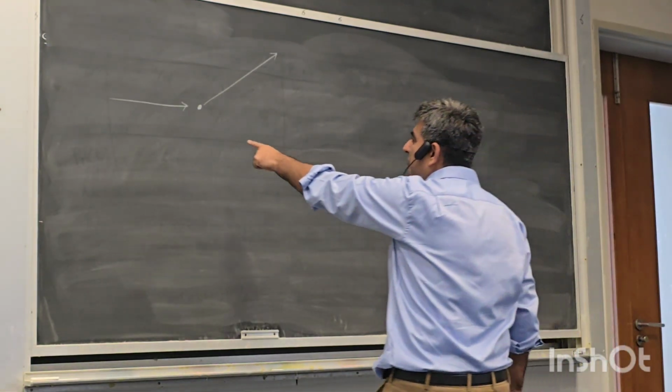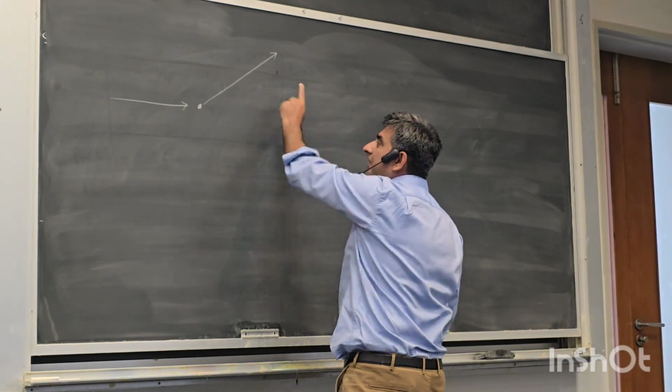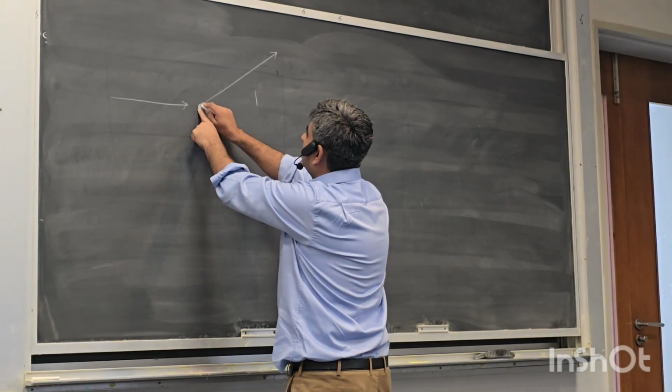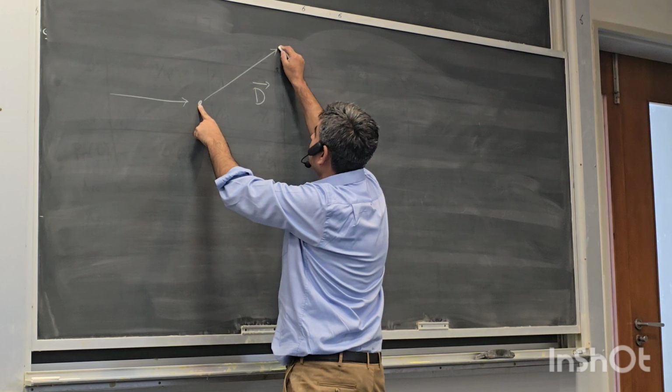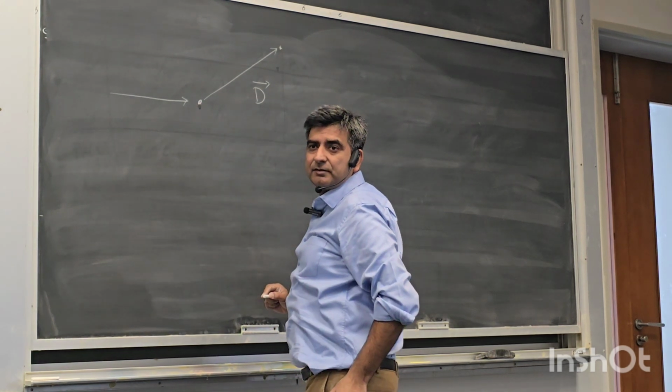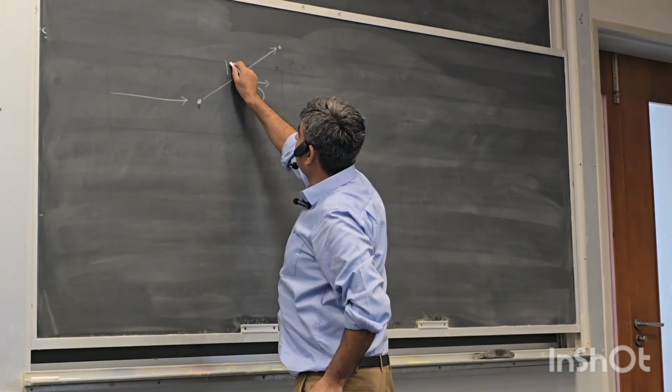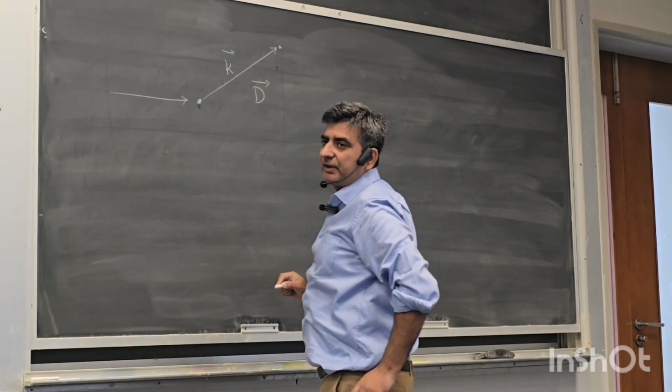So now if I have an electron and it scatters radiation, suppose this vector from this point is d, and you have a detector here. This is our detector. And the wave vector of X-rays that is coming out is k.